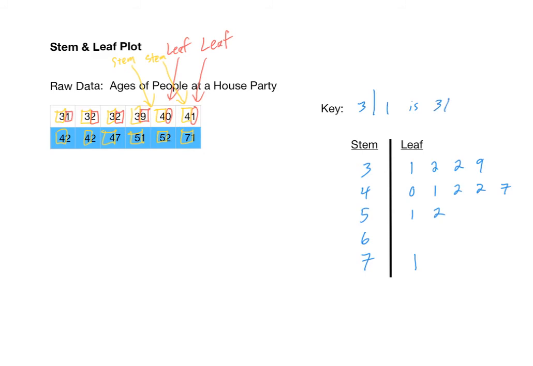And the reason we've got to do that is because imagine this data set being the amount of rainfall in a particular month in several different counties. These numbers could be like 3.1, 3.2, 3.2, 3.9, 4.0, and so on and so forth. So 3 vertical line 1 would mean 3.1, not 31. Right? So the key is important to have in there.